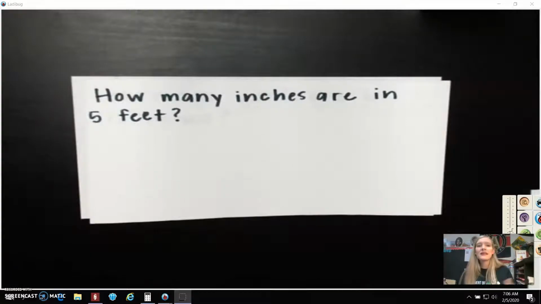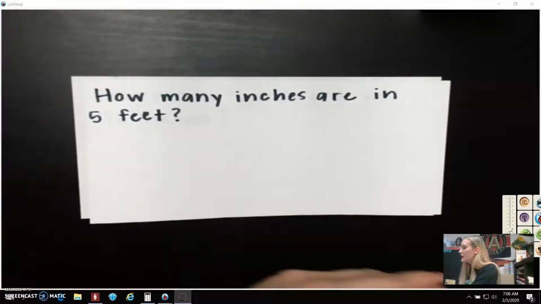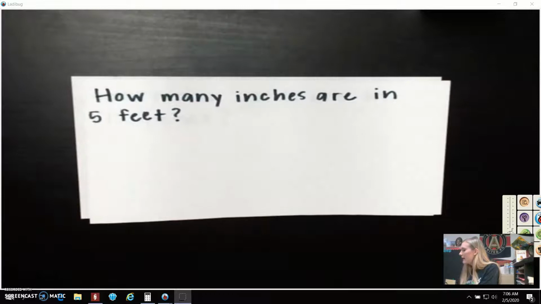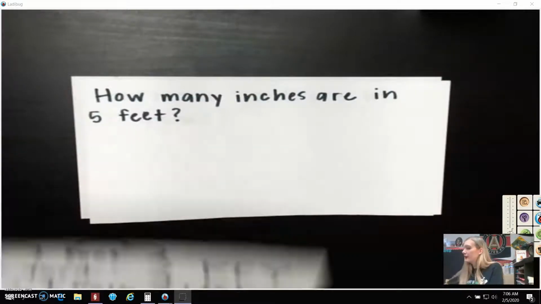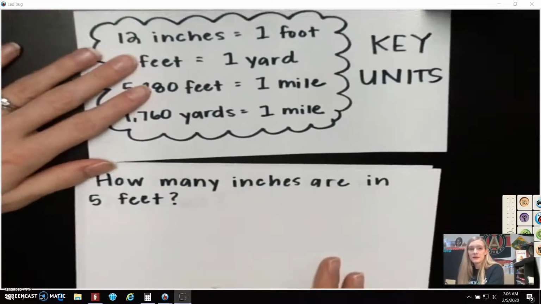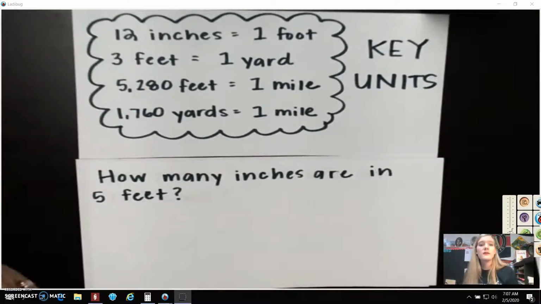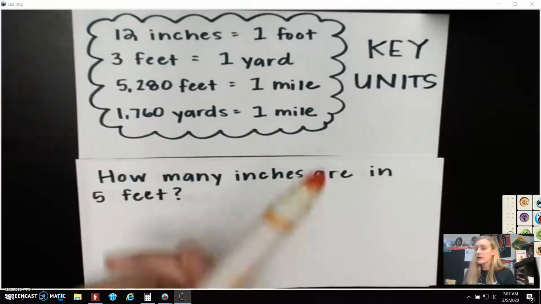Now, how many inches are in 5 feet? So in order to help me calculate that, I'm going to go back to my key units. Okay? I know that there are 12 inches in 1 foot.